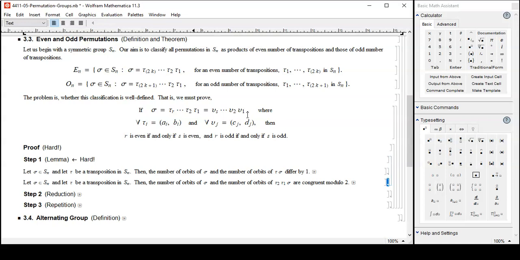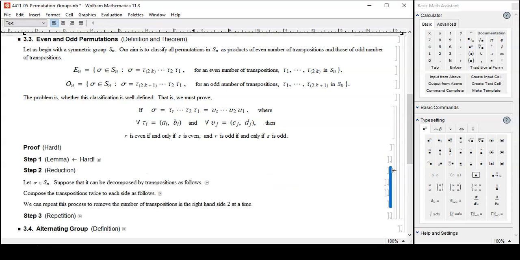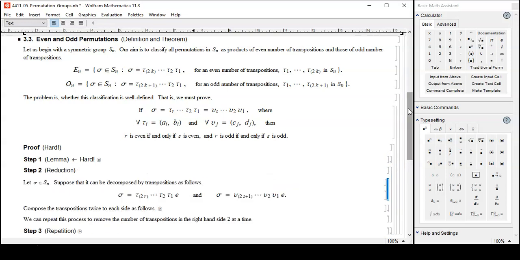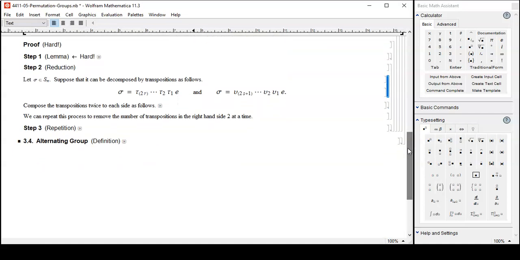So what are we going to do here? Let's suppose we have all these, and then using the second part, we're going to reduce the number of transpositions 2 at a time. Let's suppose that a non-trivial permutation can be decomposed by transpositions like this. Even number in one hand and odd number in the other hand.